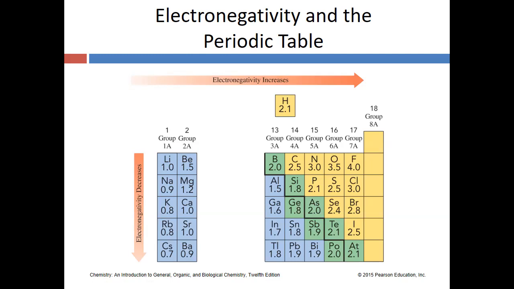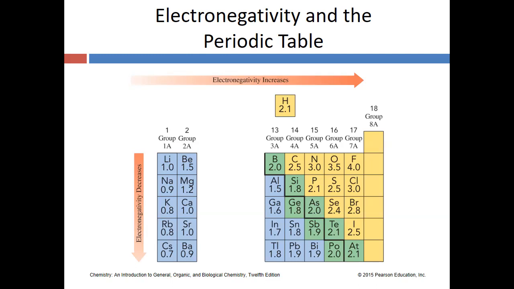But what this kind of table allows us to do is break these qualitative ties. So if I'm looking at oxygen versus chlorine, both are one element away from fluorine. Oxygen is to the left, chlorine is below. How do I know which one has greater electronegativity?